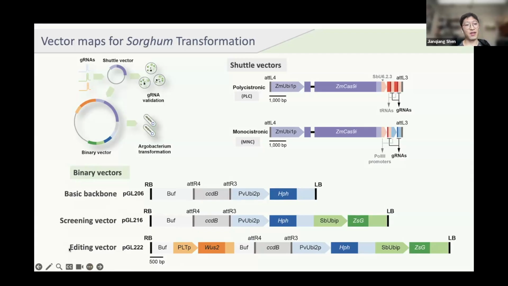And ultimately we developed an editing construct. Previous reports said the virus integration might increase the transformation frequency as well, so we took advantage of that. We use the viral expression cassette, and then we add a ZsGreen expression cassette as a visual marker, which is also used for tracking T-DNA.